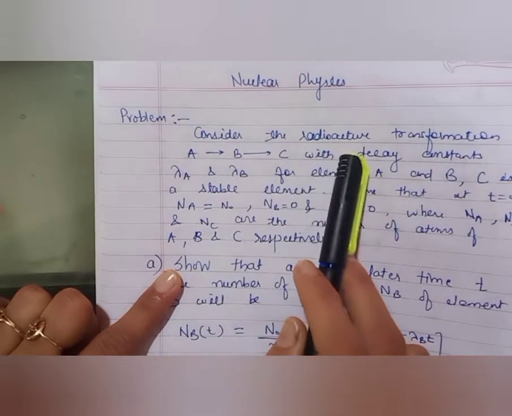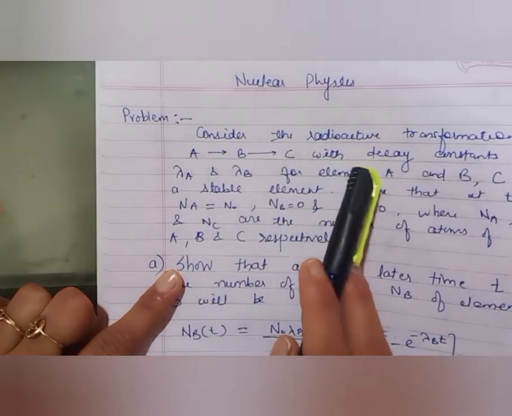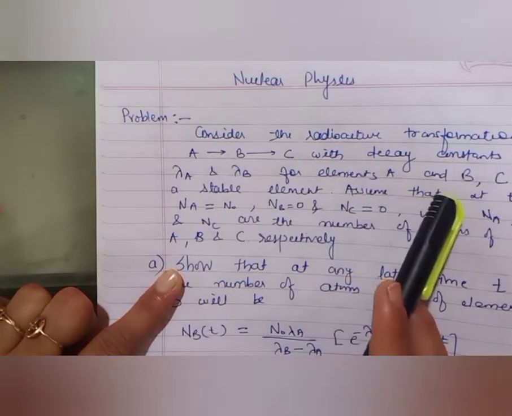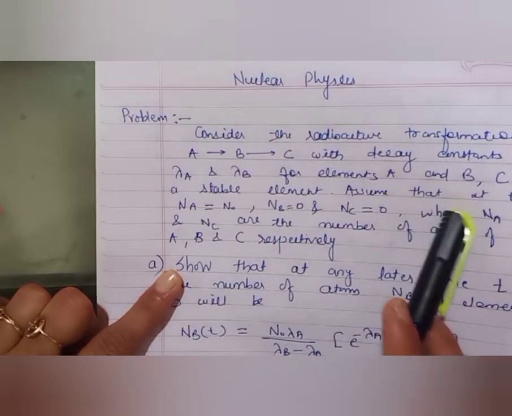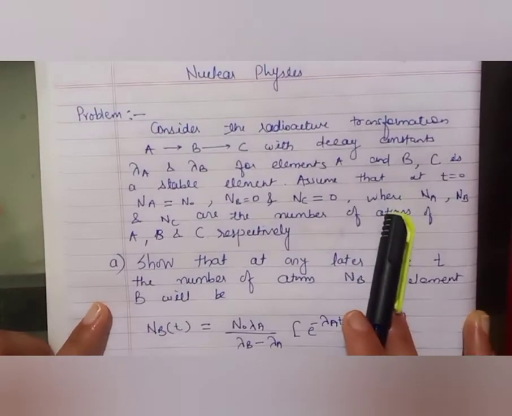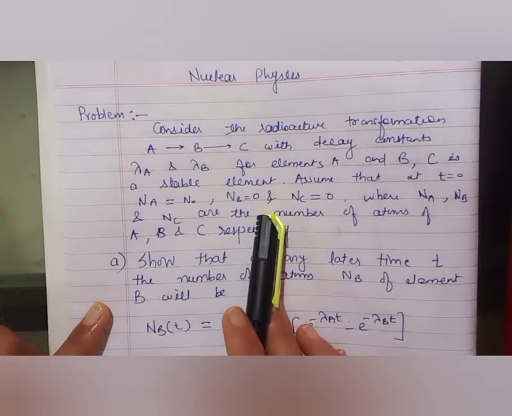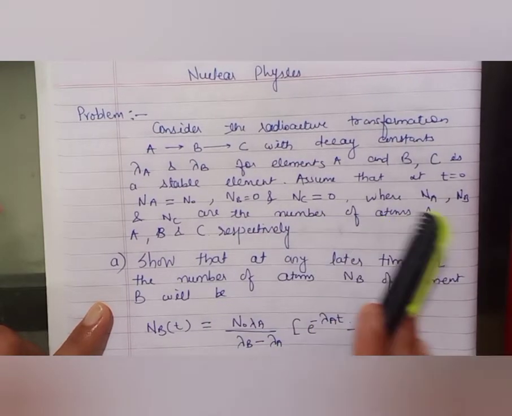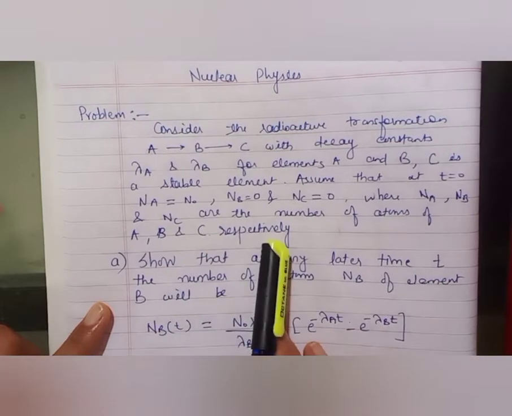Consider the radioactive transformation A to B, B to C with decay constants lambda A and lambda B for elements A and B. C is a stable element. Assume that at t equals 0, Na equals N0, Nb equals 0 and Nc equals 0, where Na, Nb and Nc are the number of atoms of A, B, C respectively.